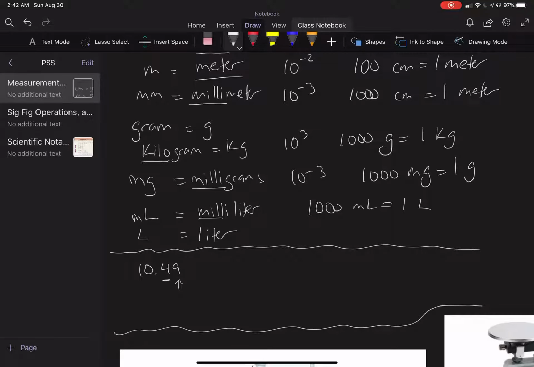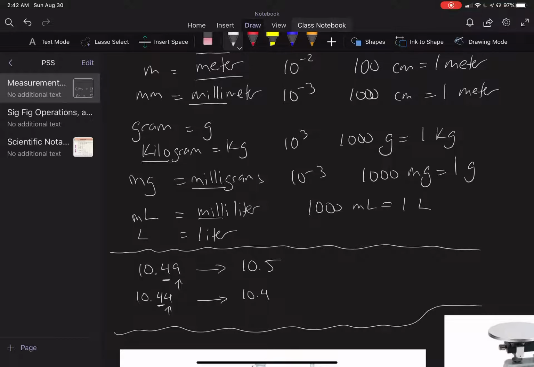So 10.49 rounded to the tenths place would turn into 10.5. If this was 10.44 and we wanted to round it to the tenths place, we look at the 4 and we round it down to 10.4.